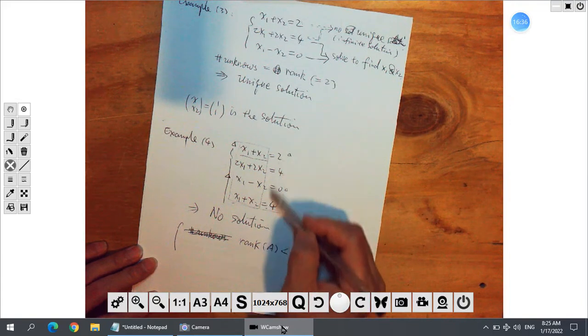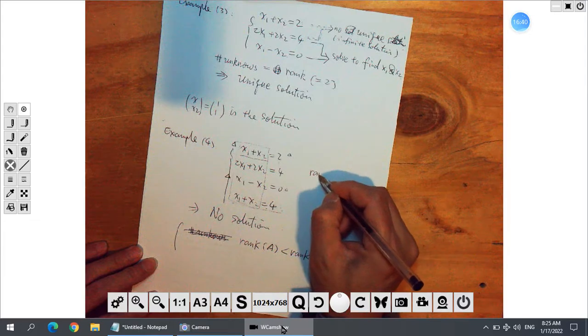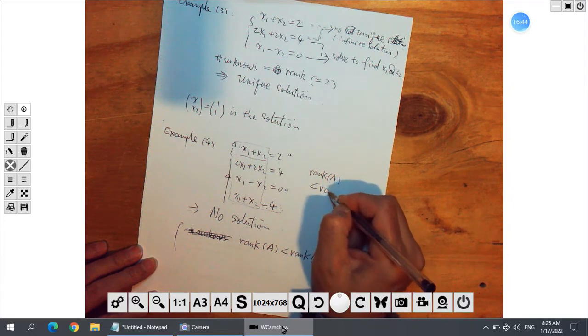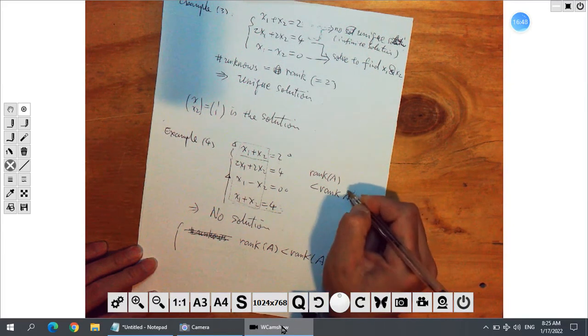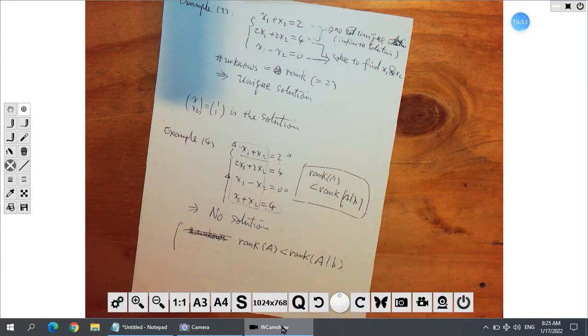So these are different. So now the case is rank of A smaller than rank of A plus B. When you add one more column, the rank also increases. Then you cannot solve it.